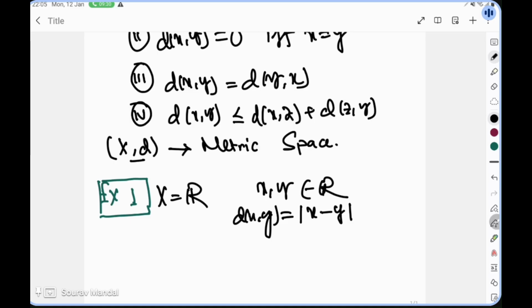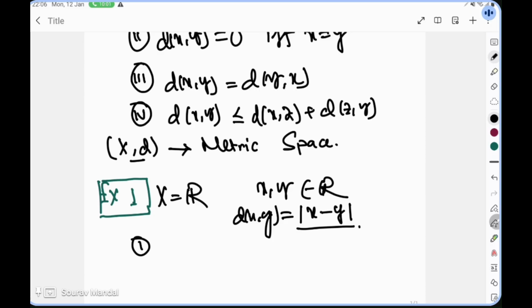First, if you are considering two distinct points, obviously their distance is always greater than zero, and it is zero if and only if x equals y, because the mod function is always greater than or equal to zero, and it is zero if and only if x minus y equals zero, and that implies x equals y.